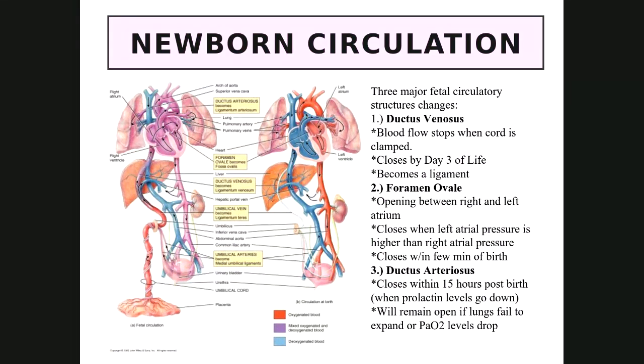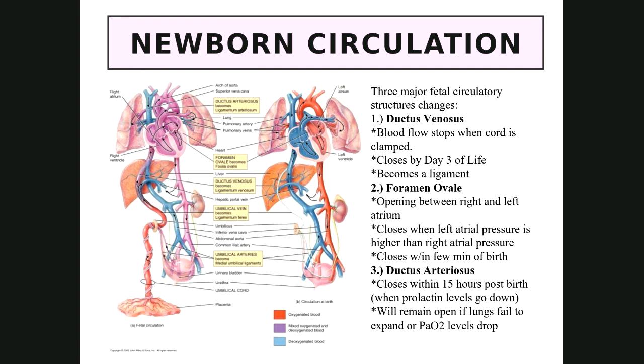Okay, so all of this leads to the ductus venosus. This blood flow stops when the cord is clamped, right? And the ductus venosus closes by day 3 of life. When blood flow stops, when the cord is clamped, okay, the opening between the right and the left atrium is what the foramen ovale is.